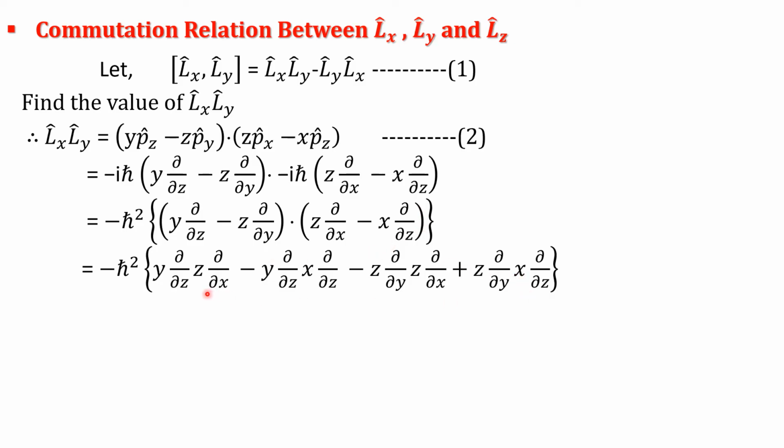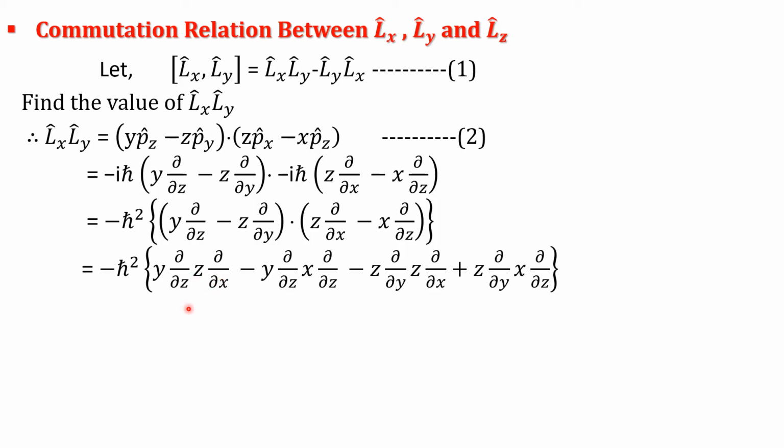Now we simplify the differentiation, such as del/del z of z del/del x, using the multiplication rule for differentiation. For the first term, del/del z of z del/del x, how do we differentiate? Firstly differentiate z, keeping the second term constant. Secondly, differentiate the second term, keeping the first term constant.